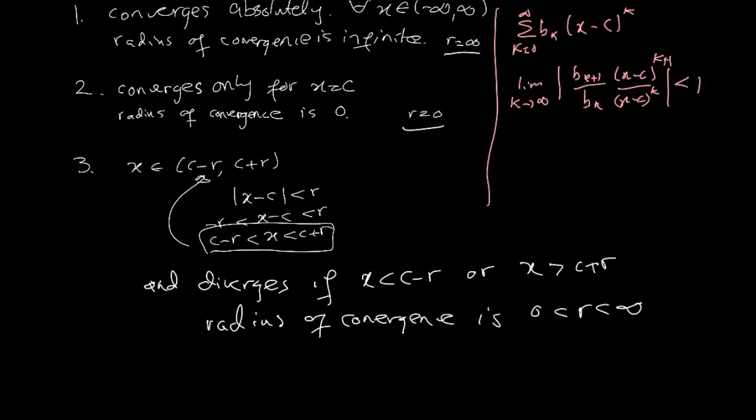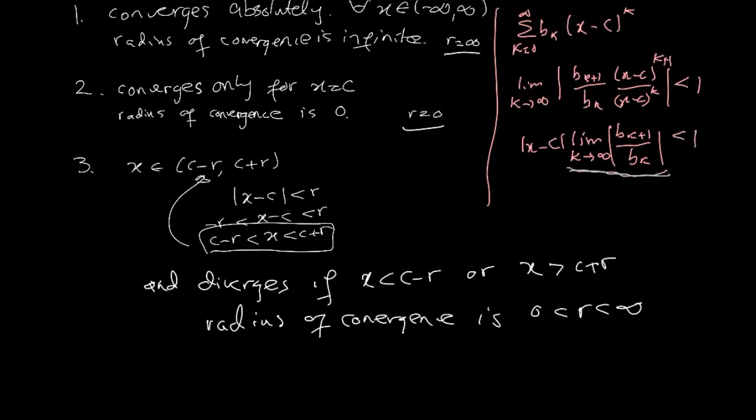If I simplify this a little bit, I'm left with |x minus c|, which I take out because there's no k involved, times the limit as k goes to infinity of |b_(k+1) over b_k|, and this is all supposed to be less than 1.